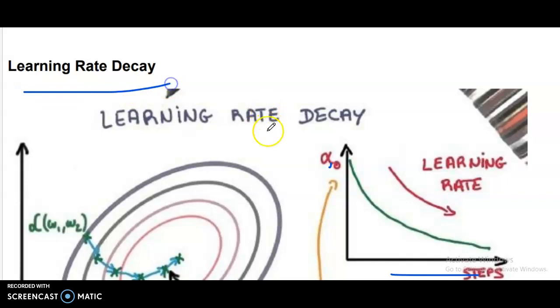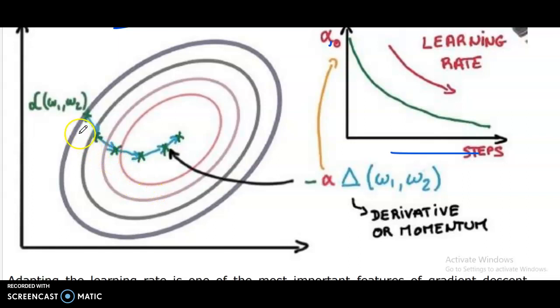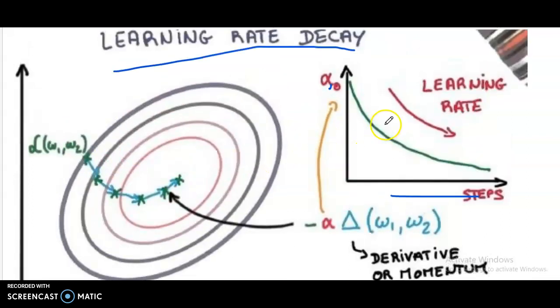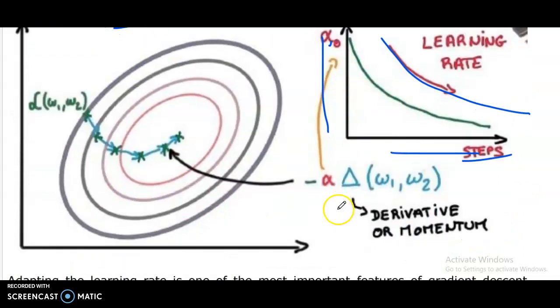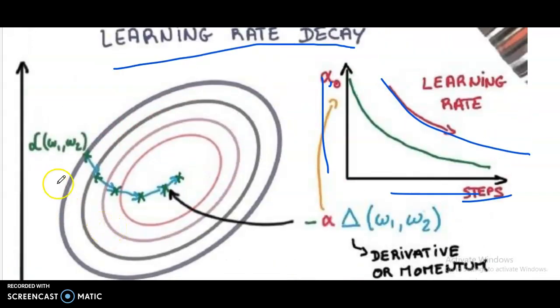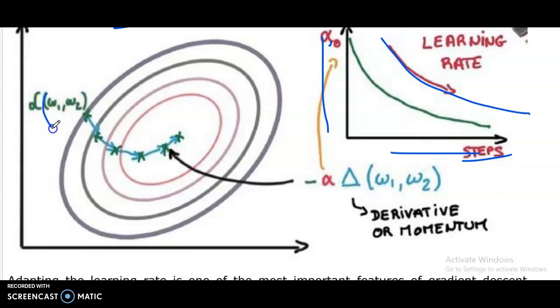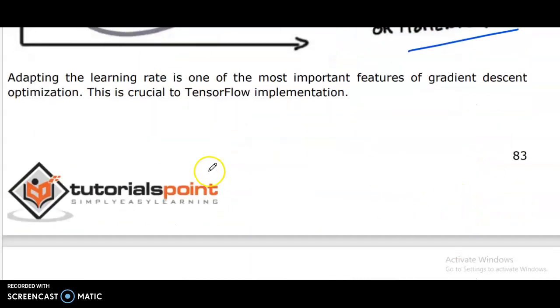Learning rate decay, steps x naught. Here w, omega 1, omega 2 is the point minus alpha delta w, omega 1, omega 2, derivative or momentum.